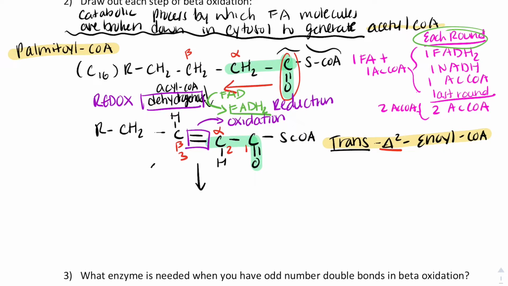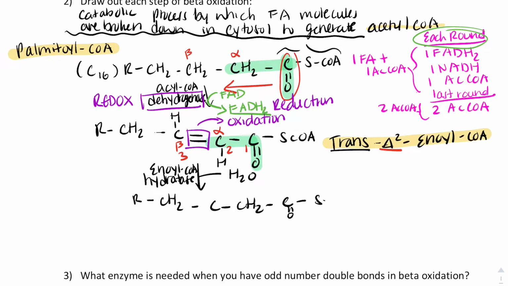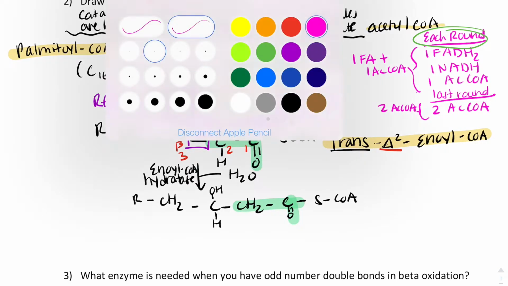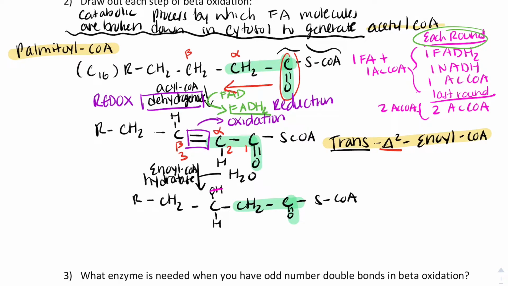Then we go into the next step, which is using enoyl-CoA hydratase. Anytime we have that type of enzyme, we are adding in water. So our product looks like this. We still have this group that's here, except now we have OH and H. So where is the water now?